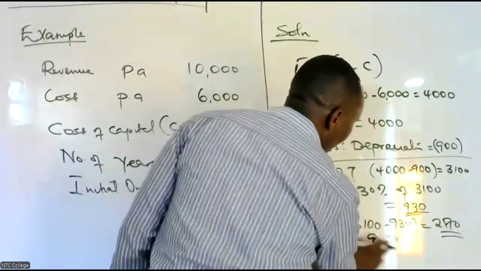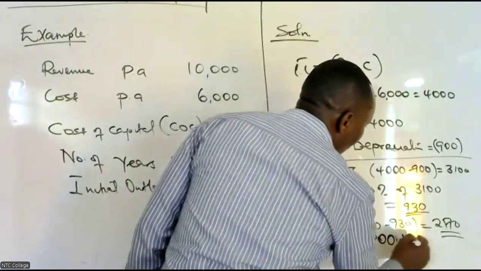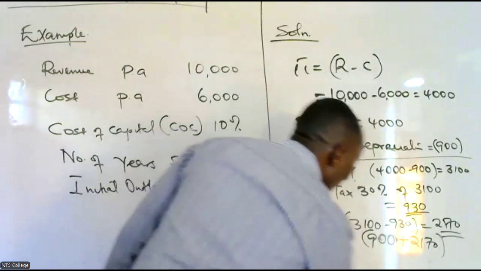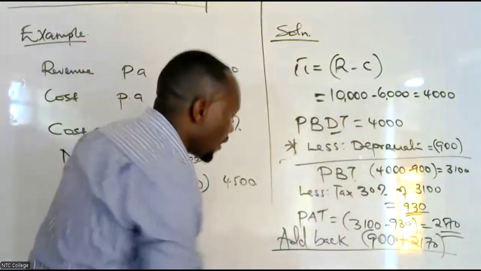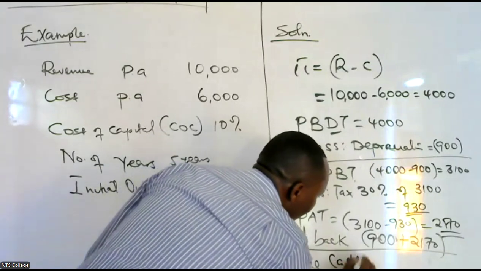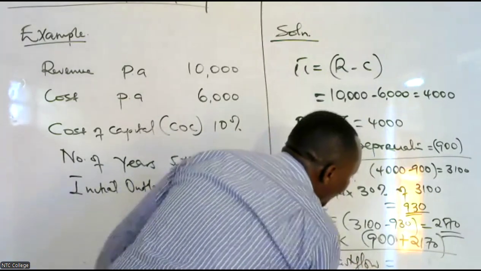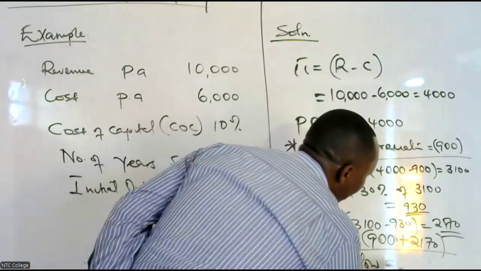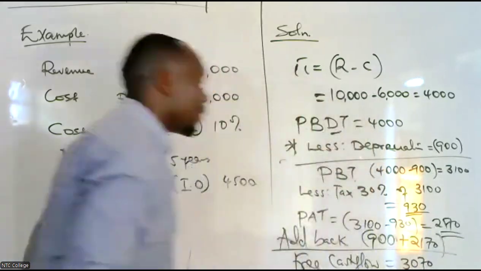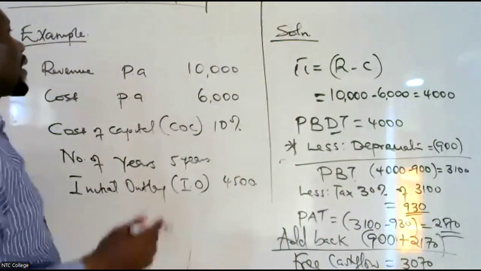No, 900. You add it to the 2,170. So that now gives you the free cash flow, which is 3,070.